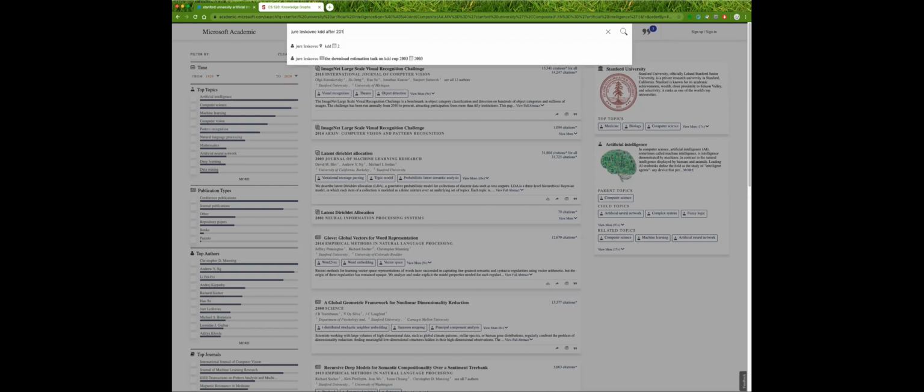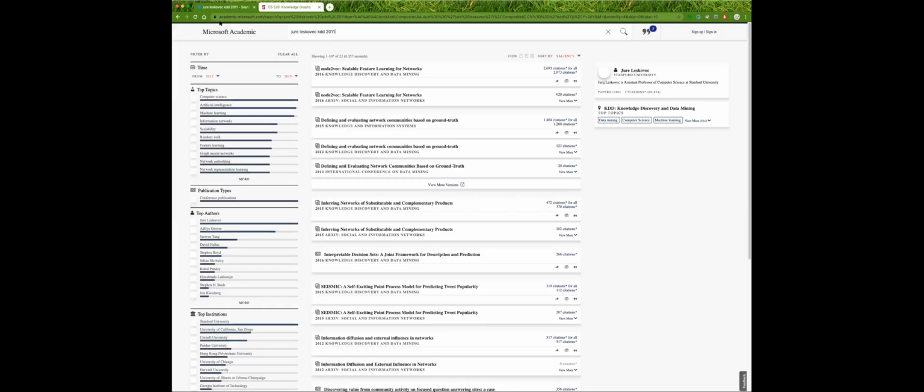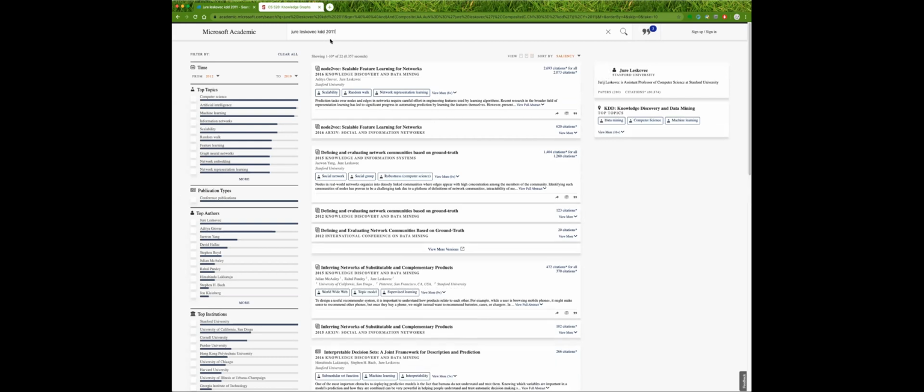The system will try to understand your query based on the academic knowledge graph behind it. So it will get you all the 22 KDD papers Ulrich Koch published after 2011. Okay, so this is a simple demo of how the academic knowledge graph powers the semantic search experience.